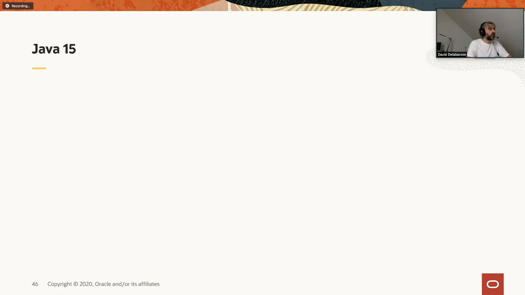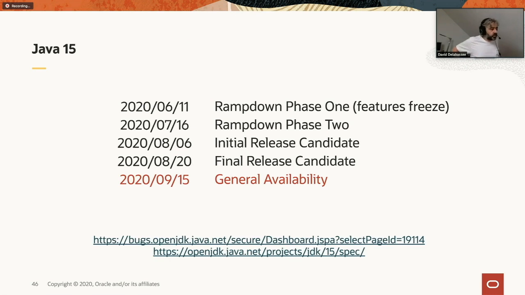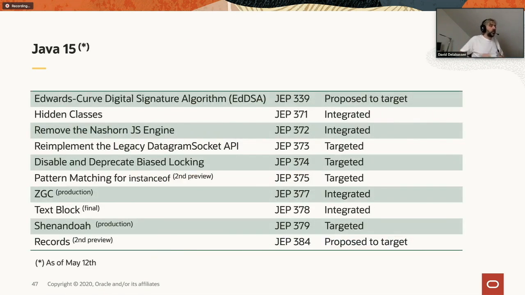Now let's quickly look at Java 15. That's the schedule. Nothing will change on that front. This is a table that I made yesterday, and I checked this morning. It was still up to date. Those are the multiple JEPs that will be part of 15.